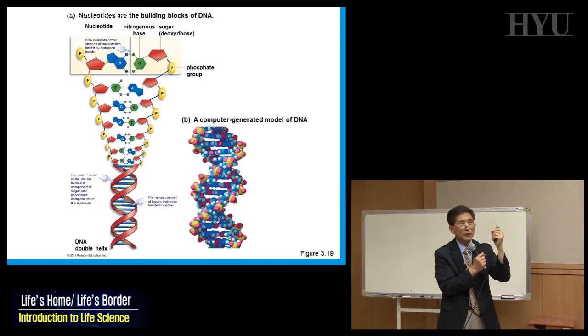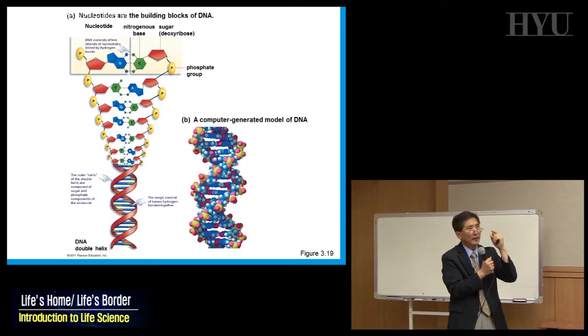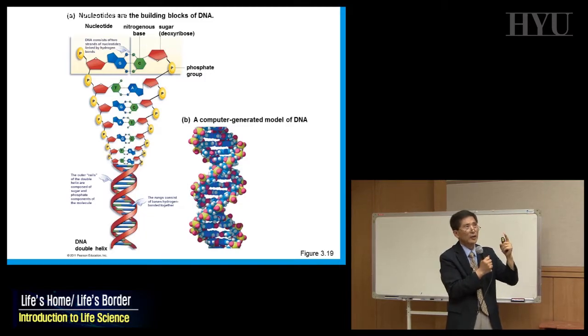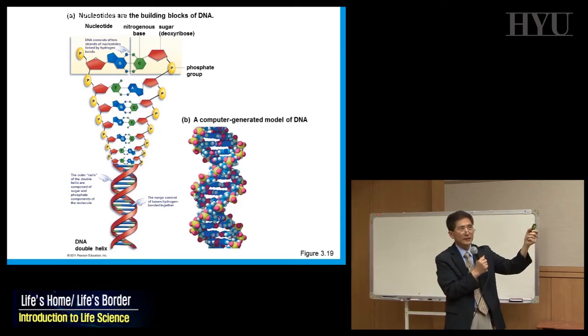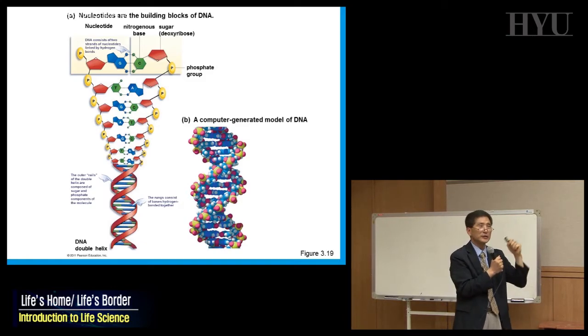As soon as they published this double-strand helix, 8 years later, the Nobel Prize was given. Because before the structure, they were wondering how this genetic information is exactly copied to the next generation. They couldn't understand.